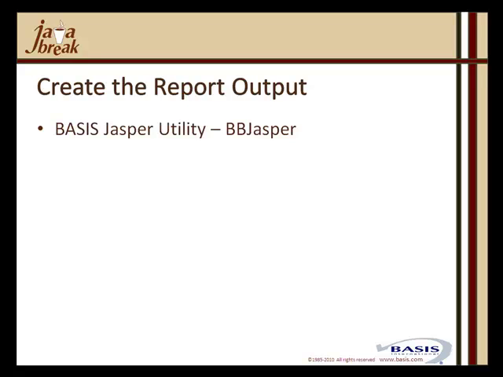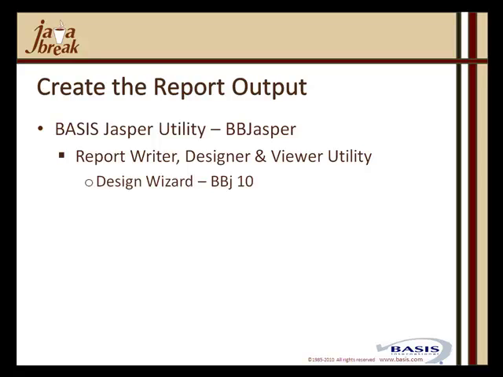The BBJasper utility has more function than merely report output. It's a report writer, a designer, and a reviewer utility. The design wizard is fully supported in BBj 10, but it's available for your preview right now in the nightly builds. We also have a design API that is fully supported in BBj 10.